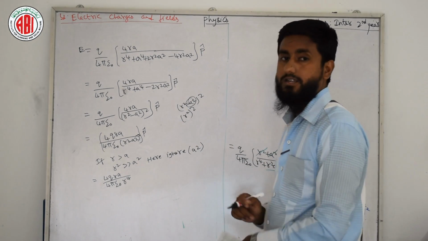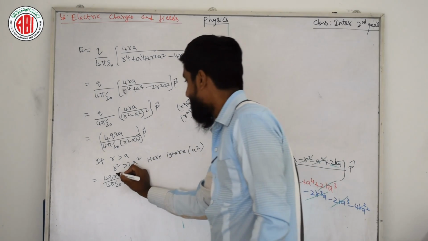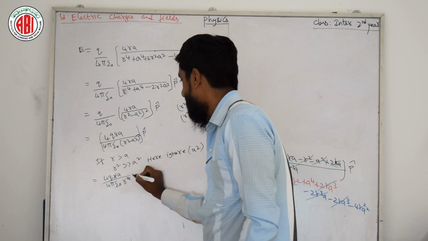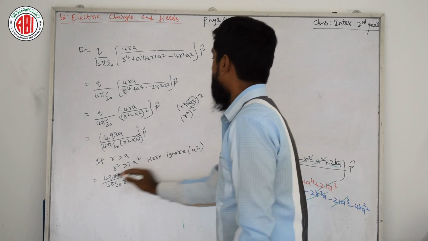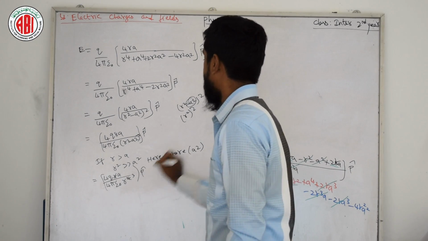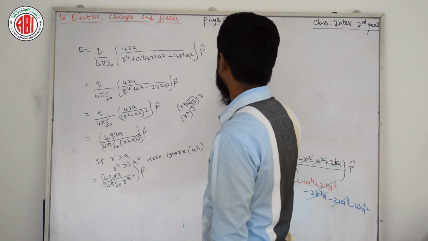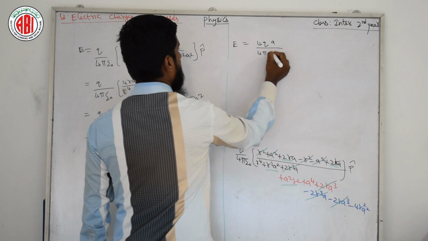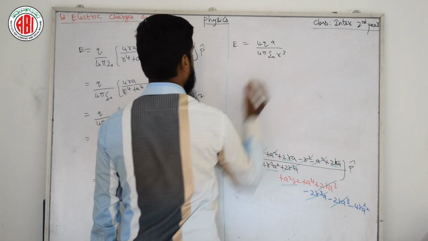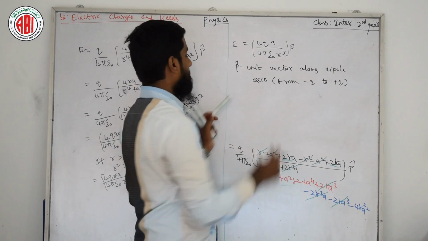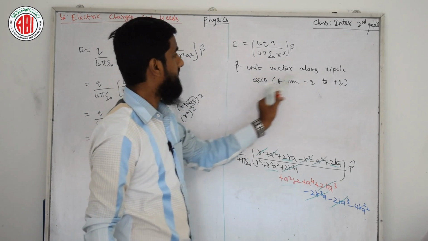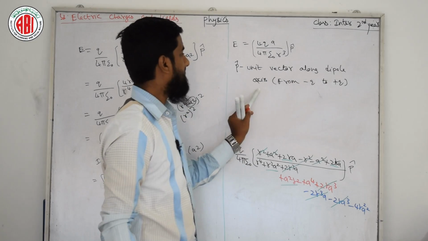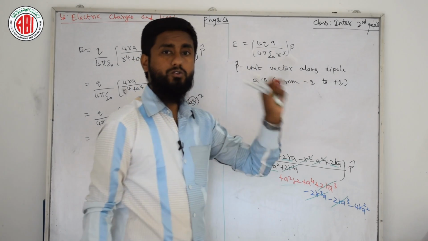But here this R power 4 gets cancelled with R, it will be 3. Then P cap, and we got the answer E is equal to 4Q A by 4 pi epsilon naught R cube. Here P cap is the unit vector along the dipole axis from minus Q to plus Q.